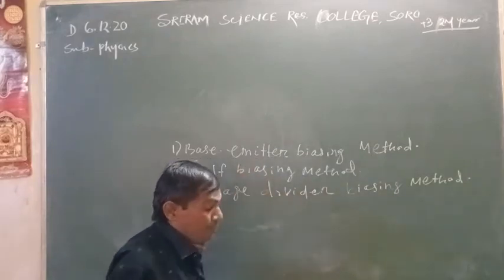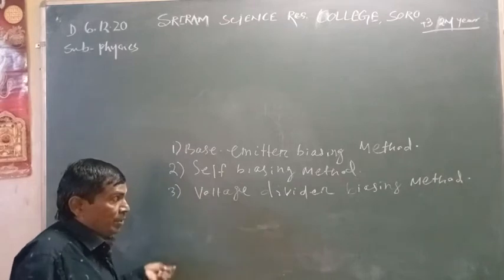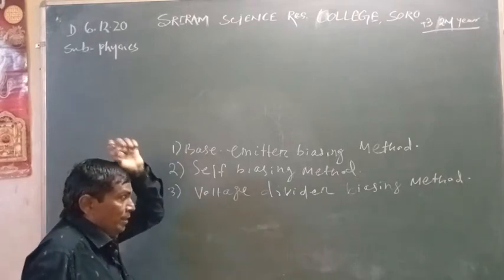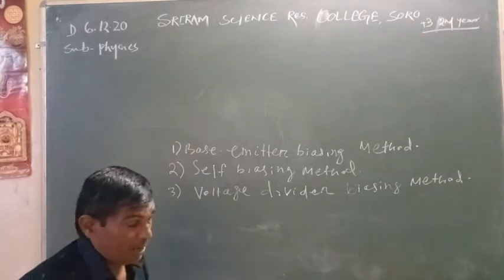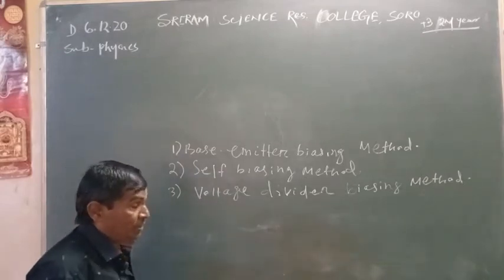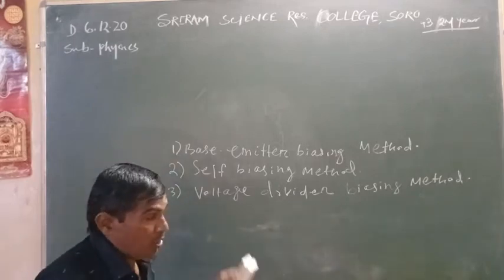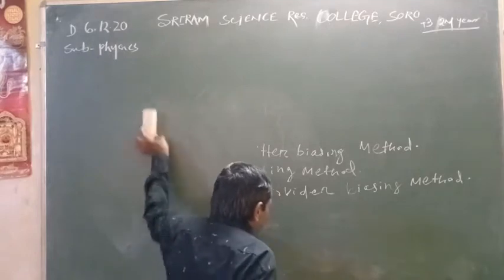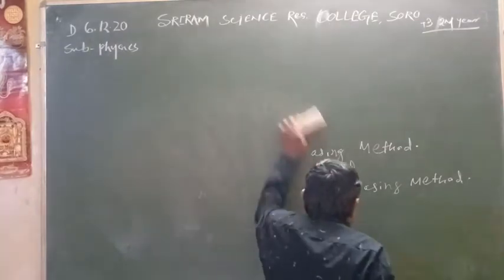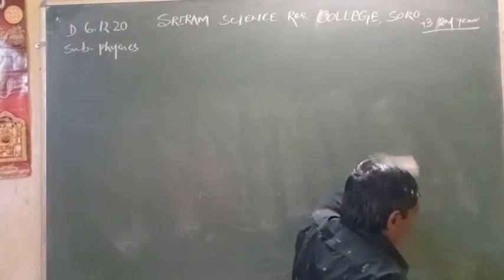These three methods were discussed in your previous class, but now we discuss another thing, the amplifier. Amplifier means the increase or improvement of gain of an input signal. When we apply the signal in the input circuit, that is the base and emitter junction.